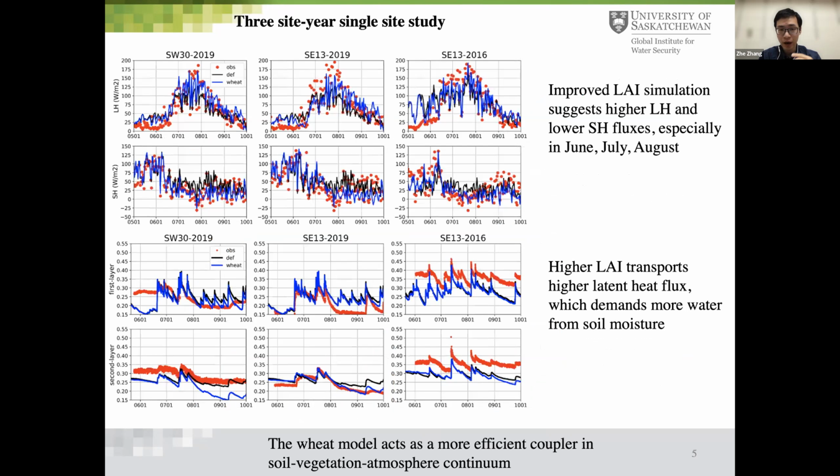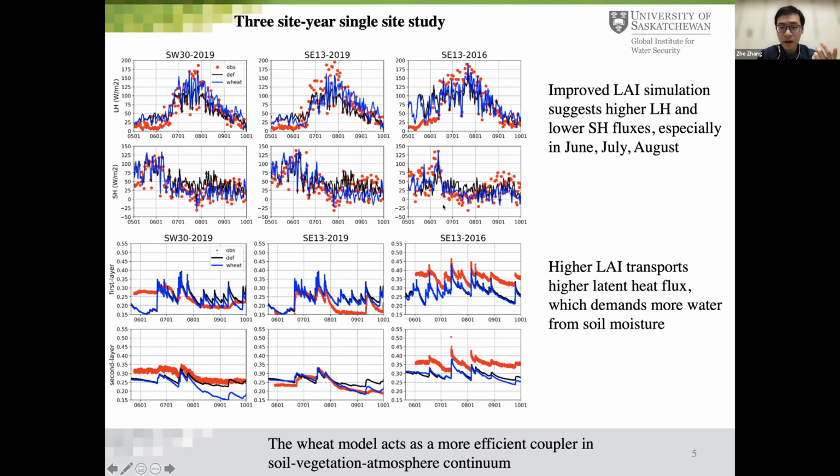And the next question is to ask, if we improve the LAI, how does the model respond in the latent heat flux and sensible heat fluxes, as well as soil moisture? If we look at the figures on the top here, the improved LAI simulation suggests higher latent heat fluxes and lower sensible heat fluxes compared to the black default line here, especially in June, July, August, which is the peak growing season of LAI in the wheat, which is much improved compared to the default simulation.